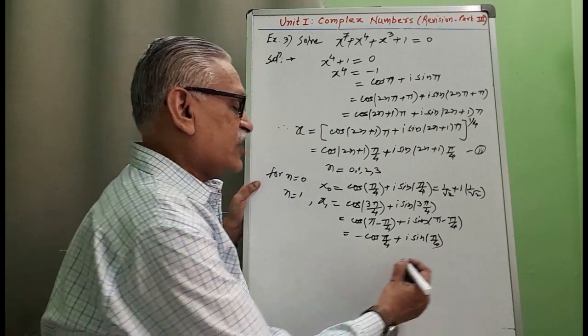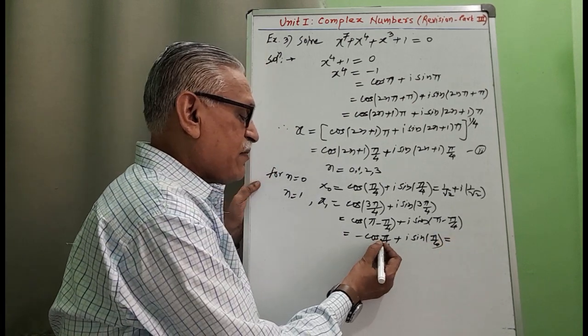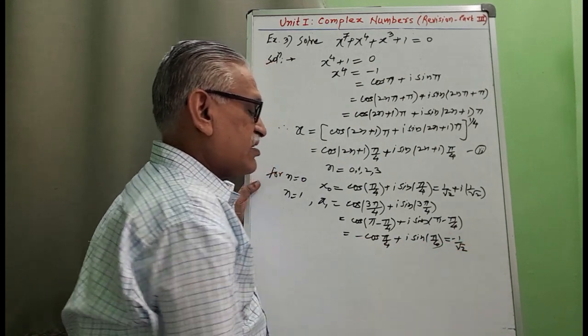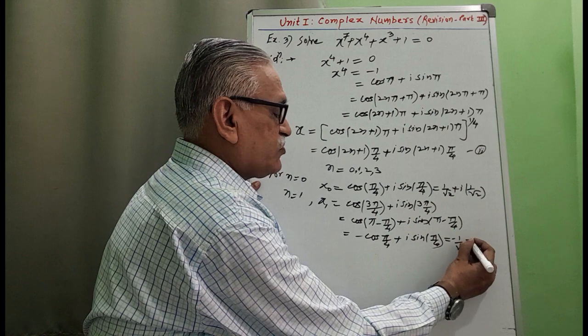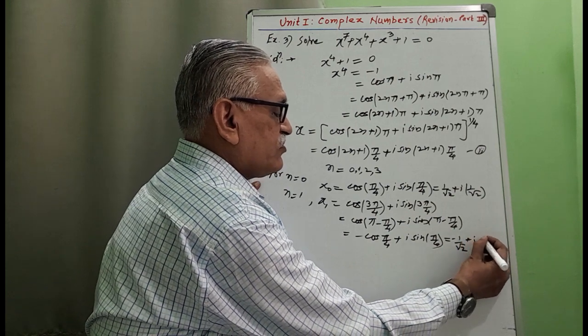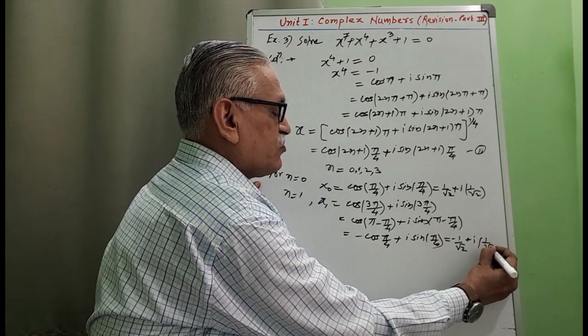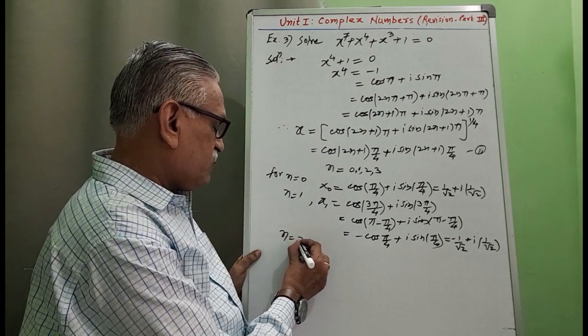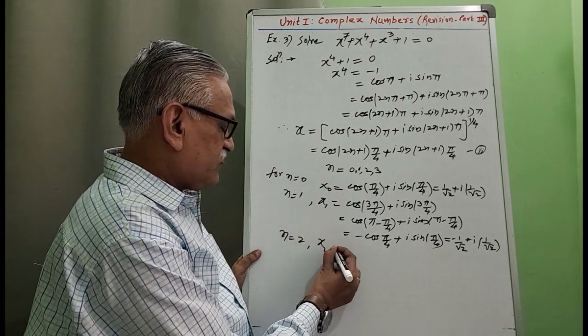Cos π by 4 is 1 by root 2, therefore with minus sign, and sine π by 4 is 1 by root 2, therefore i into 1 by root 2 as a second value.